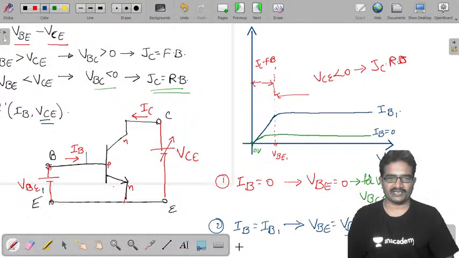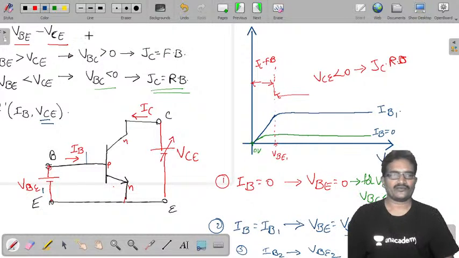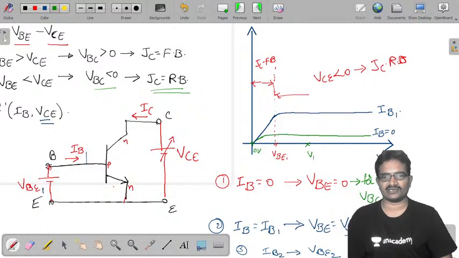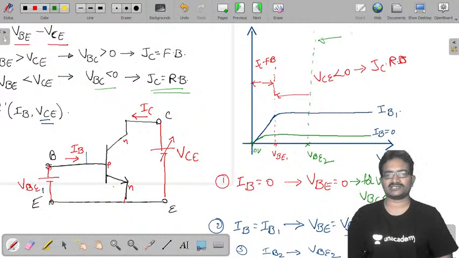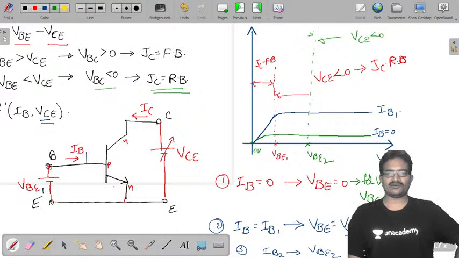Similarly, now I am taking IB2. For IB2, you need to apply VBE2. So my VBE2 is somewhere here. This is the division. Now during this, VBC is greater than 0, and during this, VBC is less than 0.